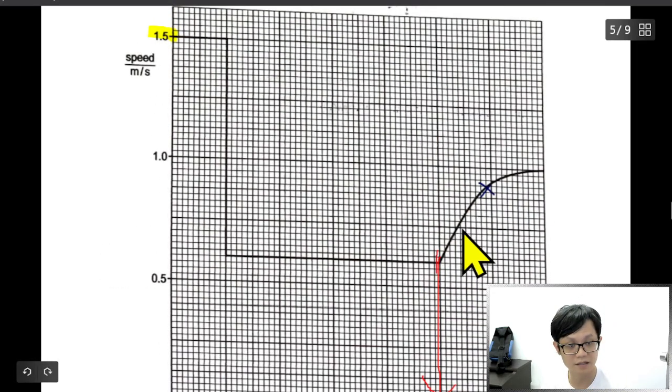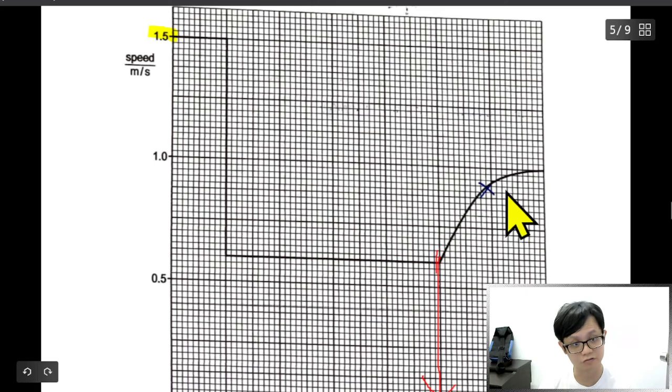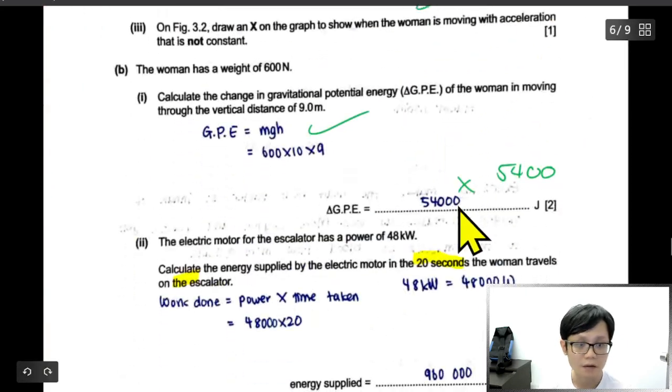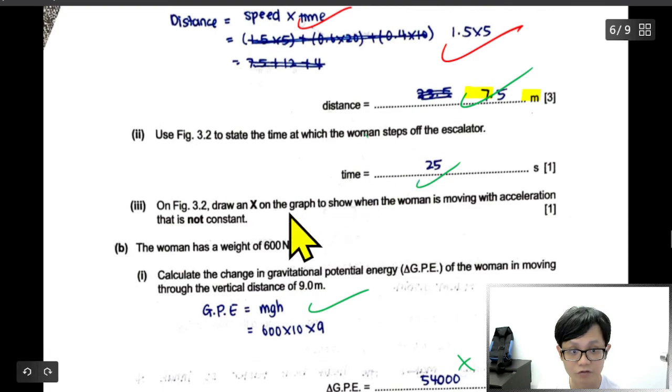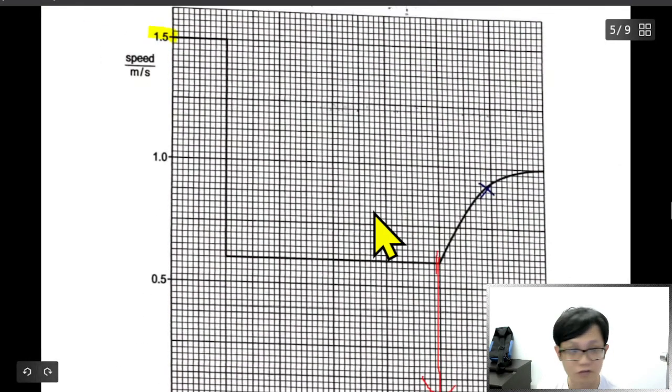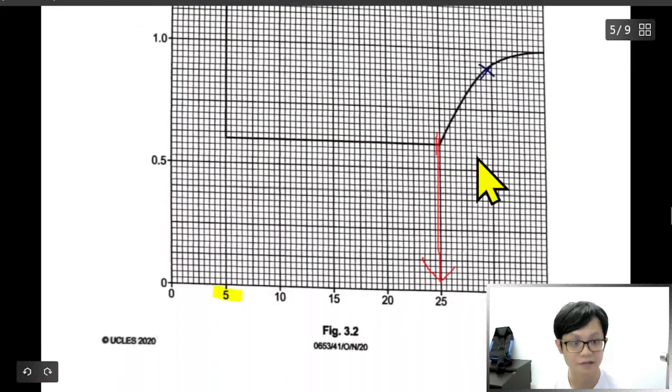The speed slowly becomes reduced. Maybe the woman saw a handbag she wants to buy, so she slowed down. So for the answer, X you need to draw on the curve place, 25 to 35. Cannot, it's a curve place.